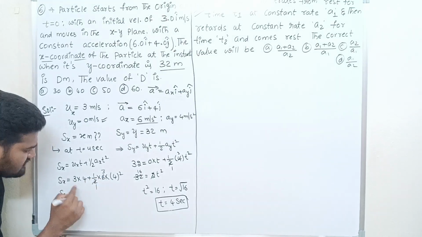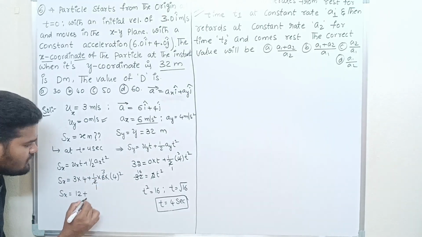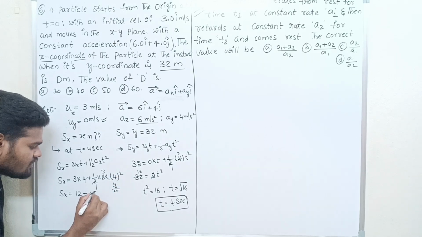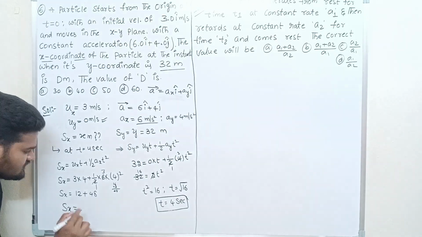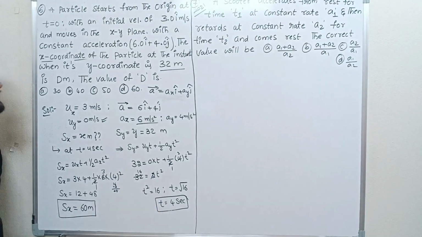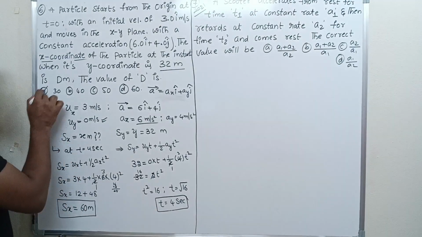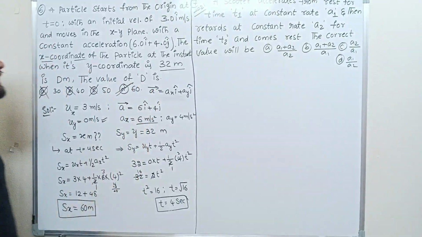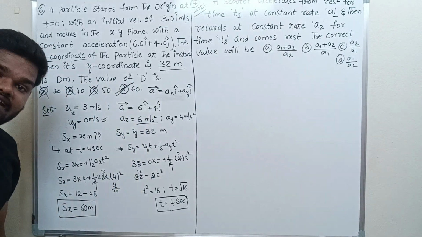So Sx is equal to 3 fours are 12, plus 4 fours are 16, 16 threes are 48. So Sx is equal to 12 plus 48, 60 meters. So x coordinate at t equal to 4 seconds is how much? 60 meters. 30, 40, 50, 60. D is the correct option. Are you getting? Any doubts?